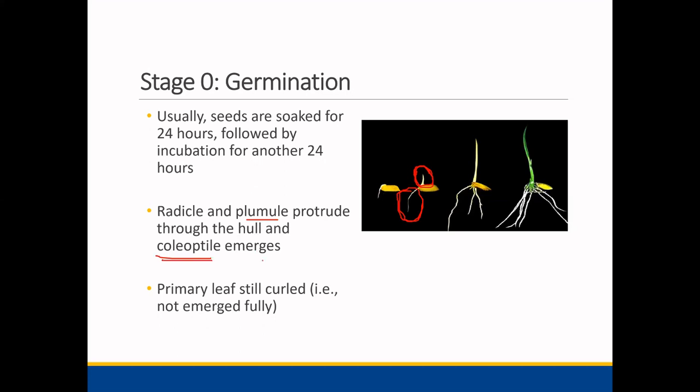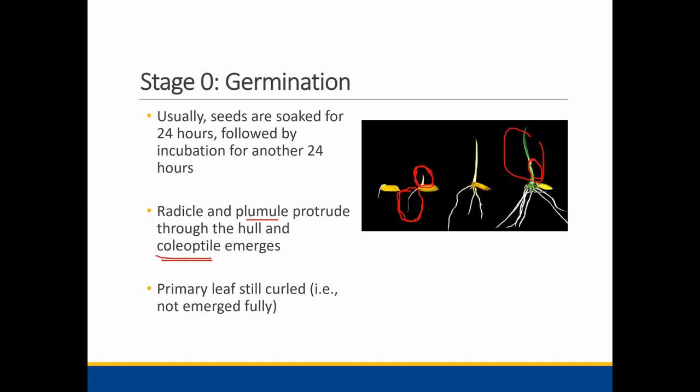So with the germination, the initial parts of the root and shoot emerge, and you can see this stage here. This sheath is the coleoptile, which serves as the protective layer to the primary leaf.